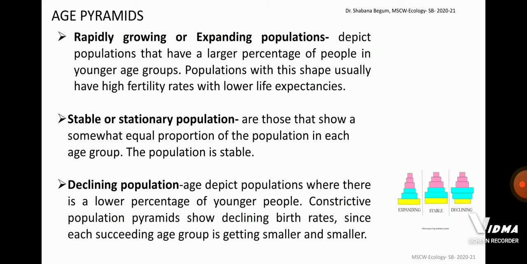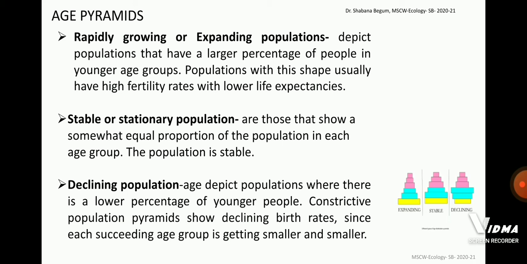The ratio of these age groups in a population determines the current reproduction status of a population and may indicate what is expected in the future. Based on the age pyramids, there are three types, as I told you already. They are the rapidly growing or expanding populations, which have a larger percentage of people in younger age groups. Expanding populations with this shape usually have high fertility rates with lower life expectancies.